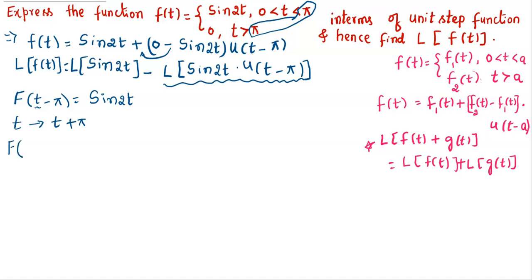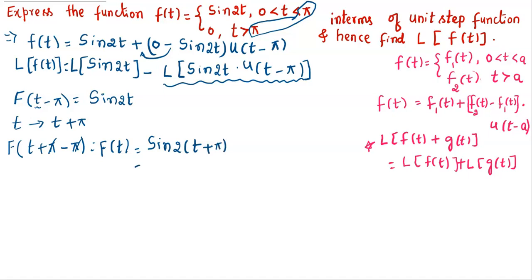If we replace t by t plus pi, we have minus pi here. So what we get on the right-hand side is sine 2 of t plus pi.